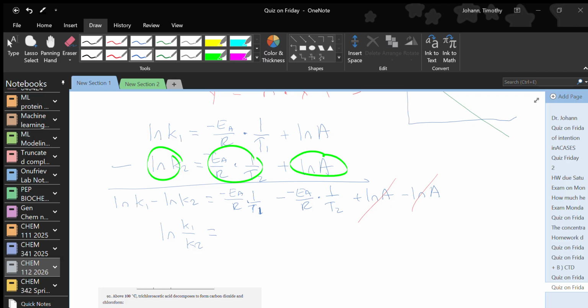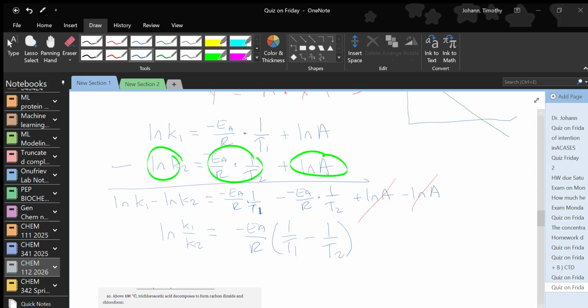I can factor that out to give myself negative EA over R, 1 over T1. See how this one's positive? Now, once I pull this out, the T1's positive. Over here, when I pull it out, I got that negative. And so the 1 over T1, or T2, will be negative. And that's what I get.